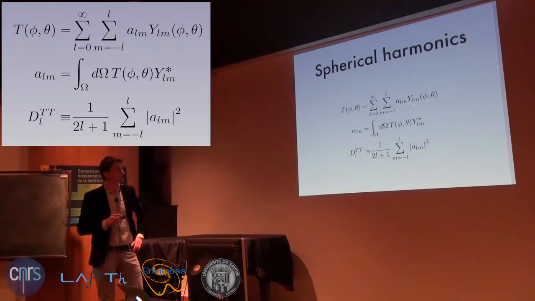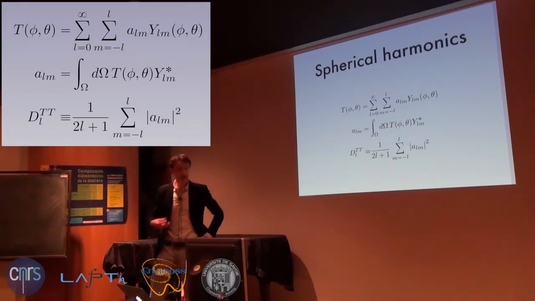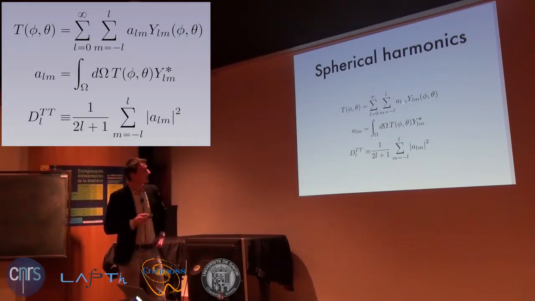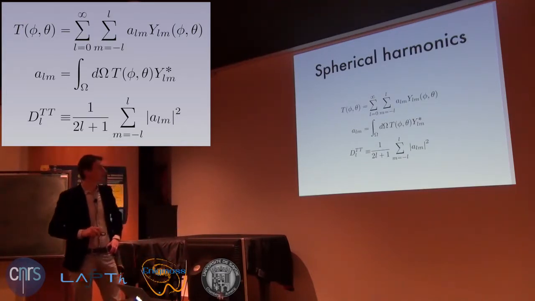l is the angular momentum, and m is the different orientations that you can have with this angular momentum. The angular scale which is relevant for such a spherical harmonic is given by l.